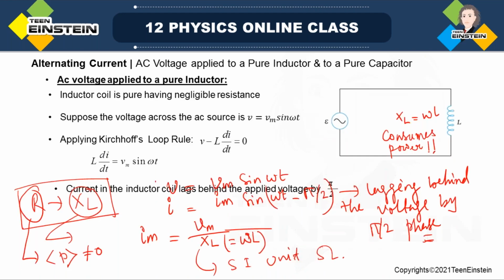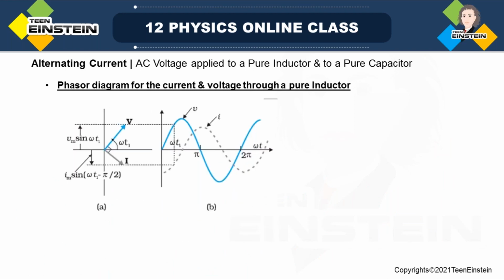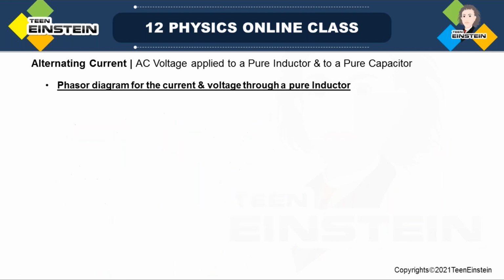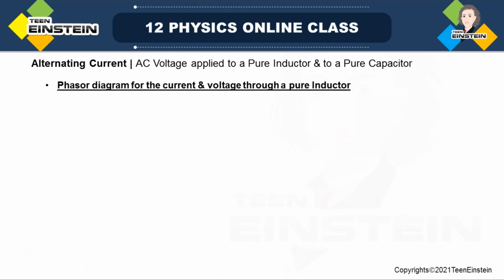Okay, before we discuss consumption of power by this inductor or inductive coil, whether there is a dissipation of power in the pure inductive circuit or not, we'll discuss the Phasor diagram for the current and voltage in this pure inductive circuit.